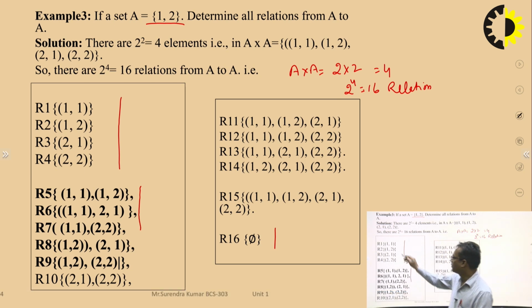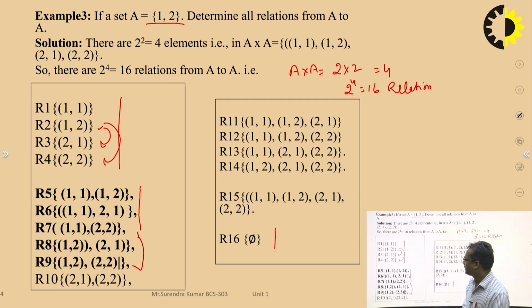Again, we take (1, 2) (2, 1) or (1, 2) (2, 2). Then come (2, 1) (2, 2), right? So these are the 6 relations which can be created with 2 ordered pairs.